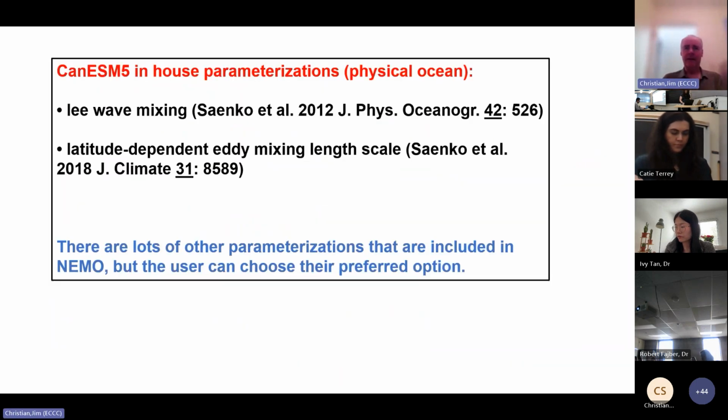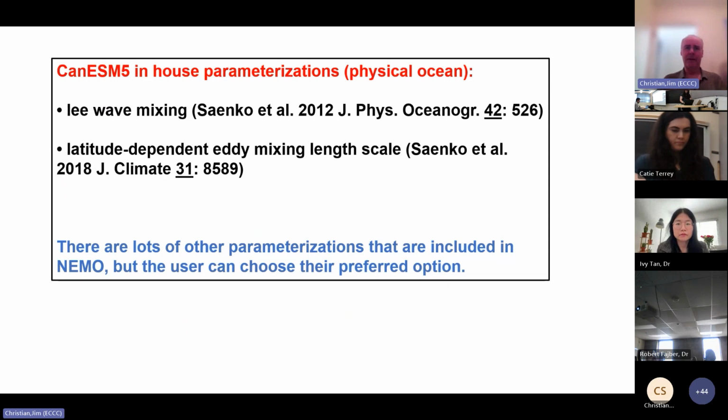So in CanESM 5, the in-house parameterizations in the physical ocean were developed by Oleg Senko, with also contributions from Bill Merrifield, Warren Lee, and Duo Yang. One is Lee wave mixing, which means that eddies in the ocean generate gravity waves, which can break even hundreds of kilometers downstream, and this really alters the distribution of diapycnal mixing in the interior ocean.